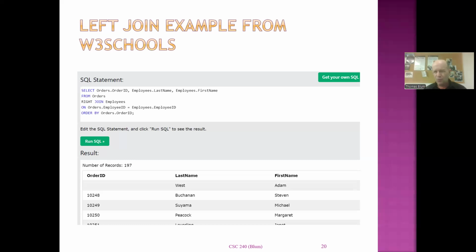But this time we put orders first and employees second, and we wanted to include employees even if they haven't taken any orders, so this was a right join. It's the second table where we want things even if there's no match. So you just have to decide which table is first, which table is second, and which table you want to include unmatched things in, and that will determine the right or the left.